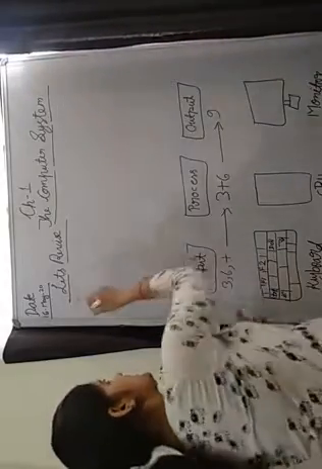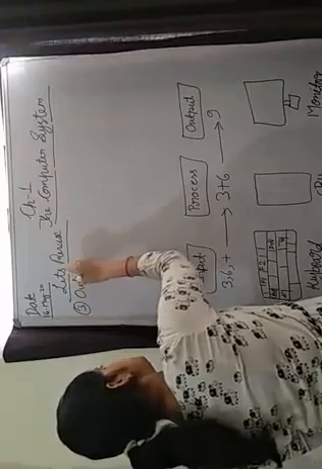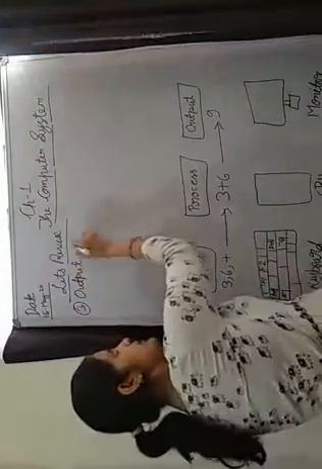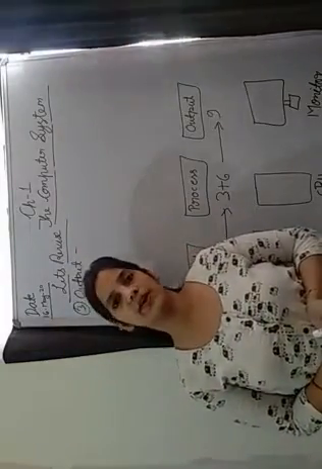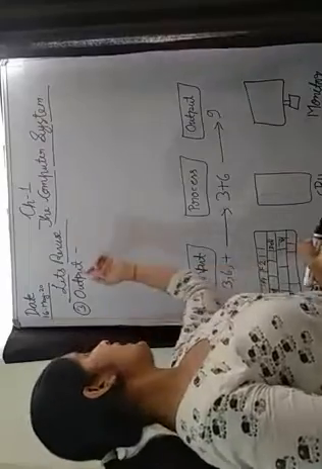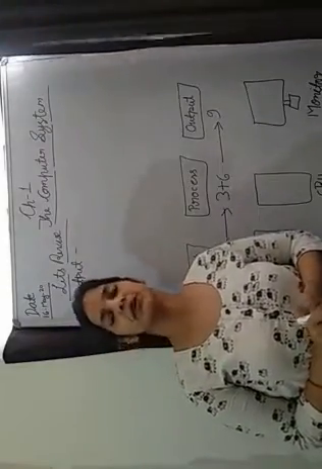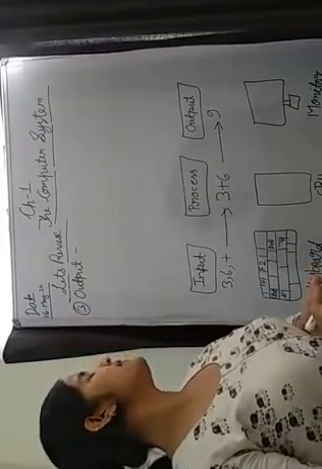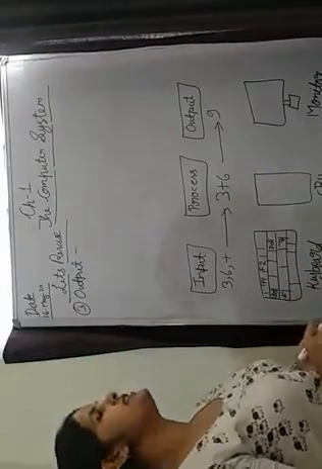So next, the third one is output. Students, when the CPU processes the data, then output is generated. Means the processed information is known as output. The data which is processed by the CPU is known as output, means it is known as information.